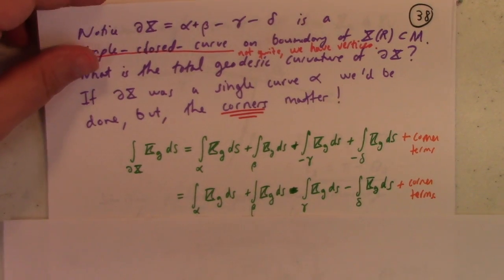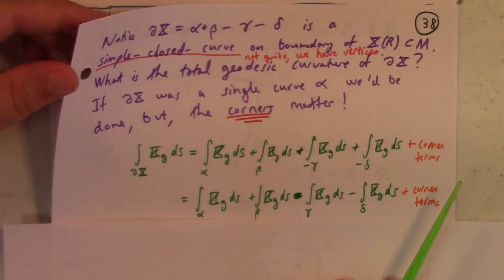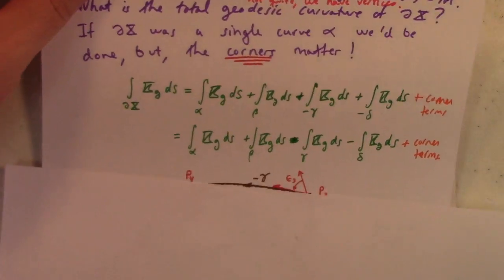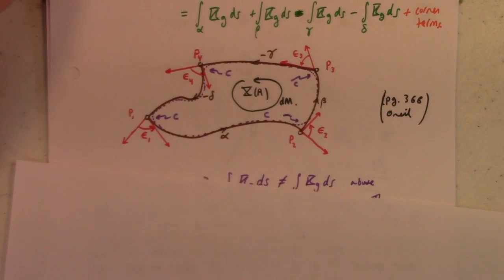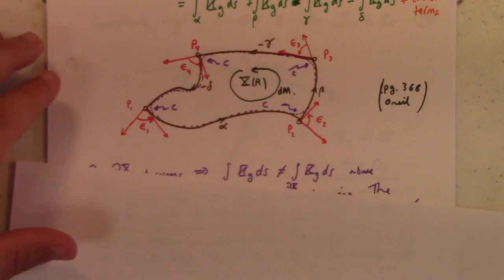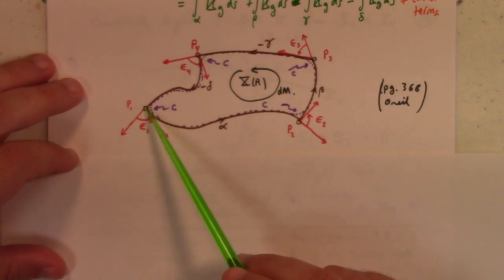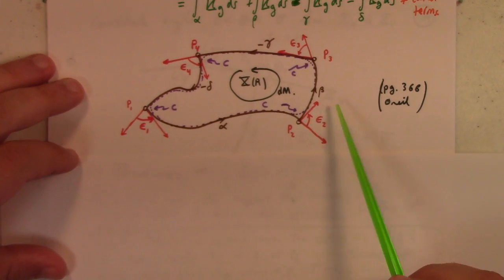Plus the corner terms, right? And those corner terms are what we're going to talk about next. Here's a picture that's the start of it. Your curved rectangle could look something like this.